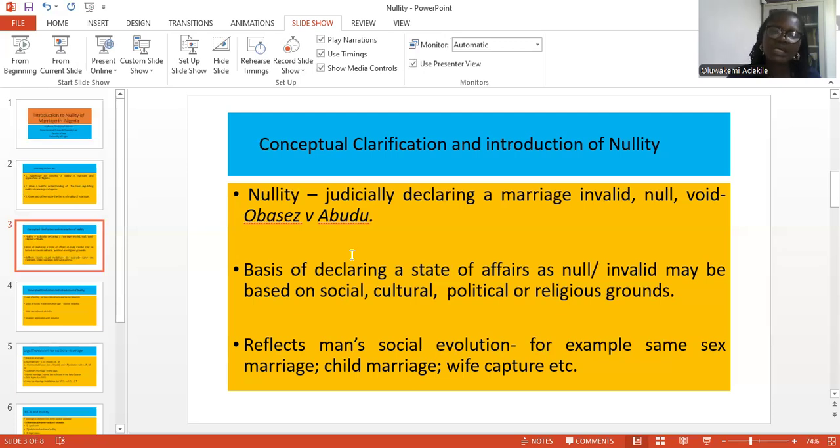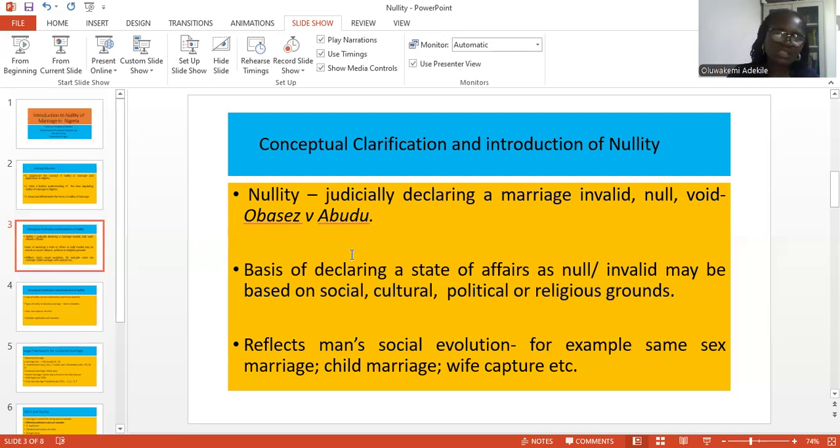In terms of social evolution, you can say that the law of nullity reflects the social development, the dynamics of society, whether culturally, religiously, or politically. It reflects the ideological basis and views of every society, and the evolution of man.